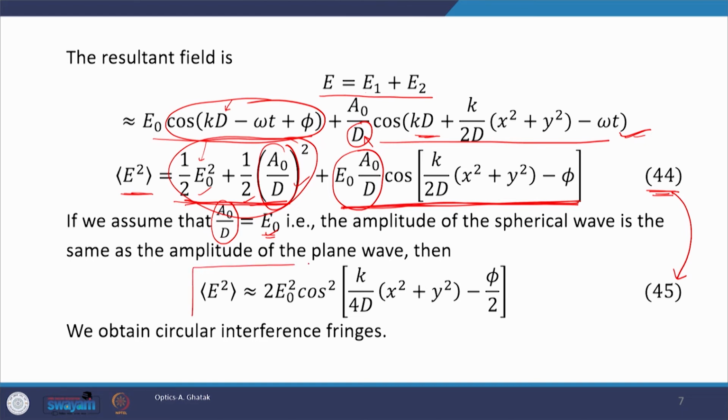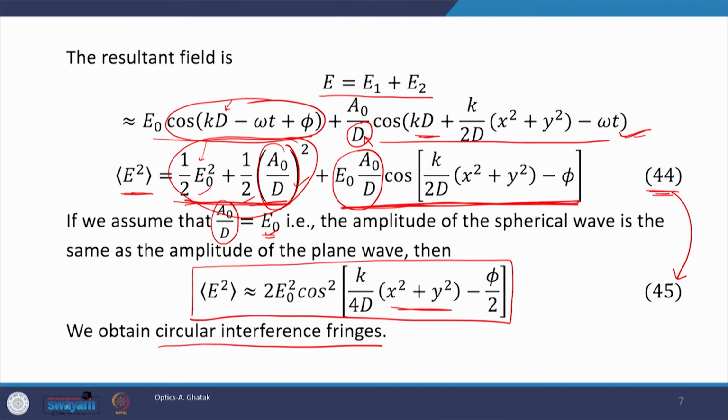Just by looking at this expression, you can see that it is symmetric in x square plus y square, which forms a circle in the phase part. Therefore, we will obtain circular interference fringes. Just by looking at equation number 45, we can guess this. If you vary x and y, you will rotate on a circle.